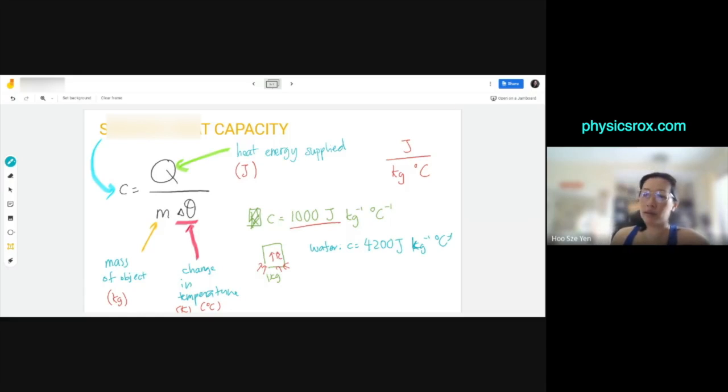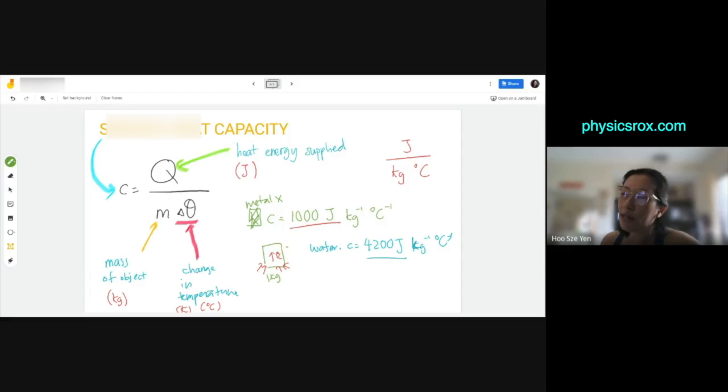Another way to compare, now let's compare this 1,000 joules and 4,200 joules. This number is actually for some metal, I can't remember which. Let's call it metal X. Now you compare metal X and water.